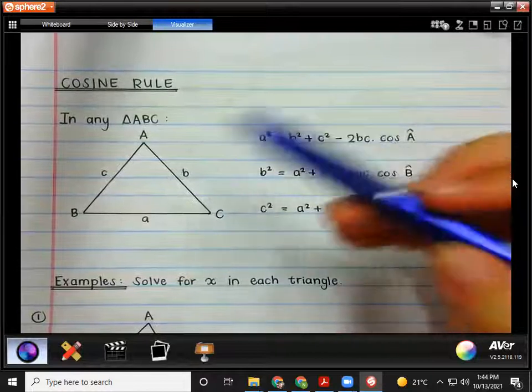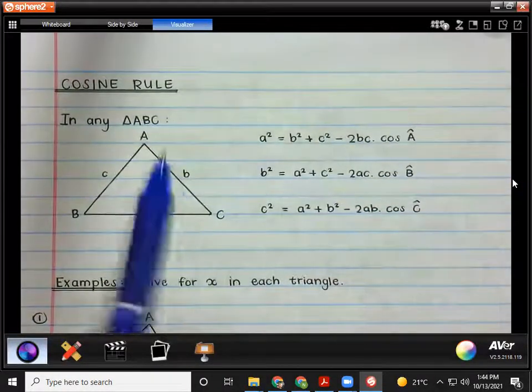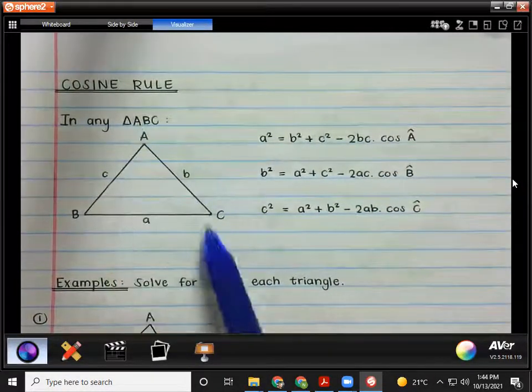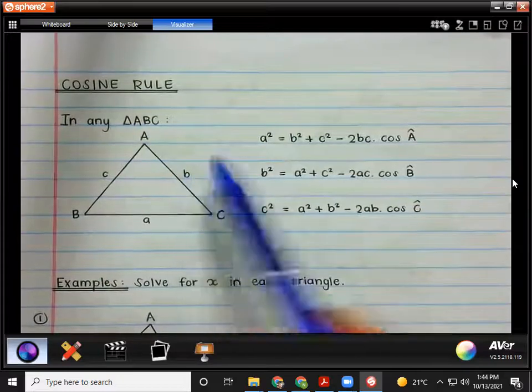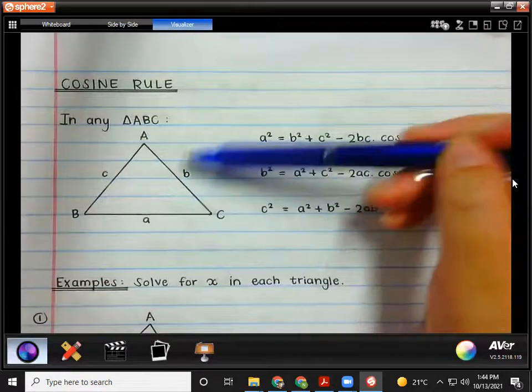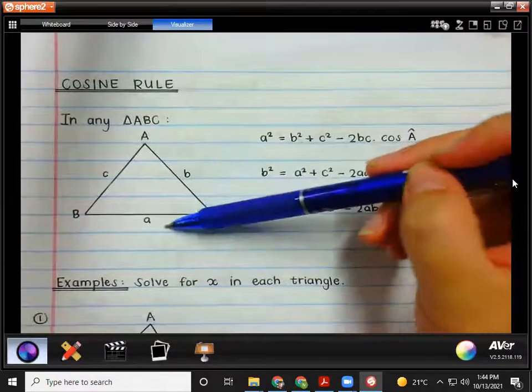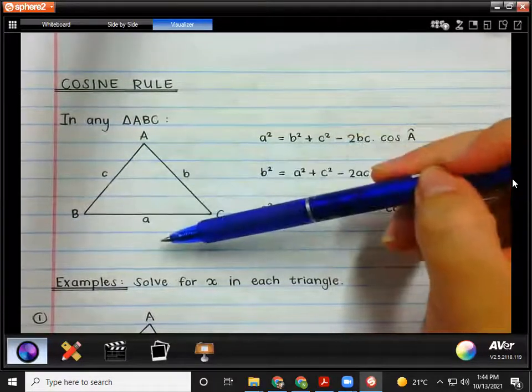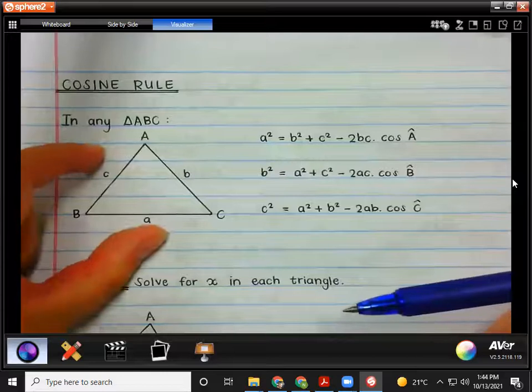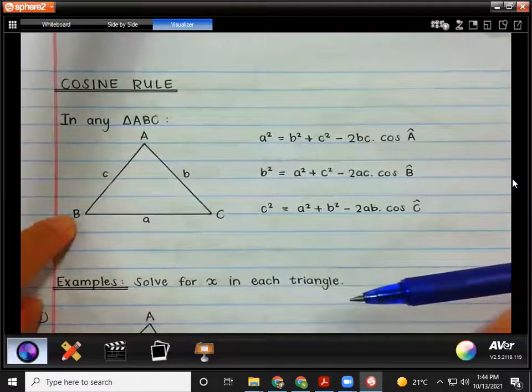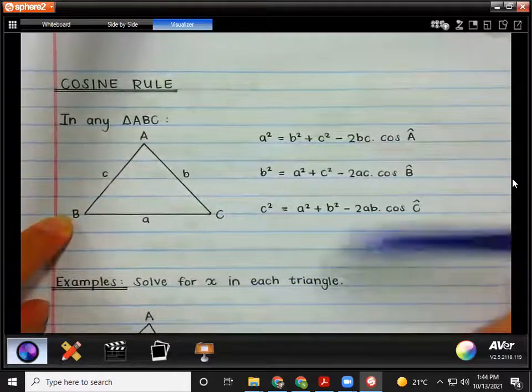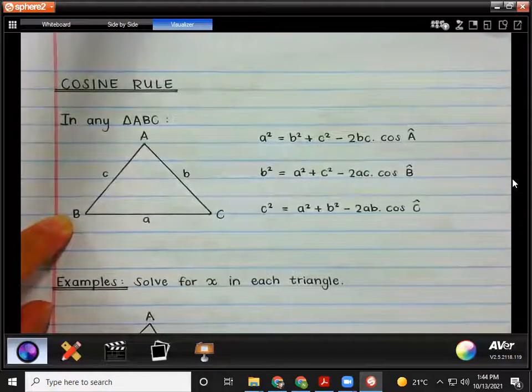Thank you, thank you. Okay, guys, so now if you are finding this side, AC, which is lowercase b, then for this side squared, you take the squares of the other two sides, you add them together, minus 2 times the product of the other two sides times cos of the included angle, the angle that's between those two sides. All right, same thing here.